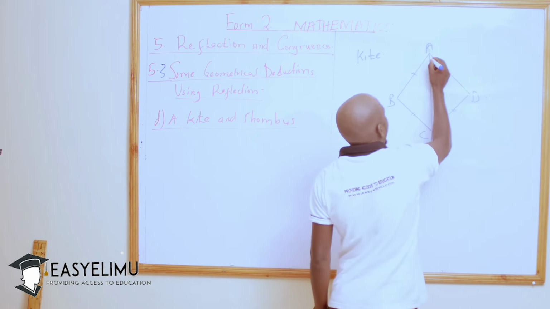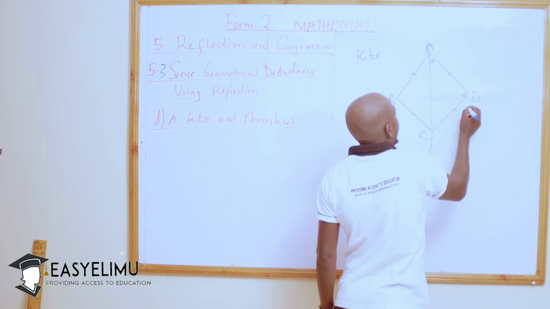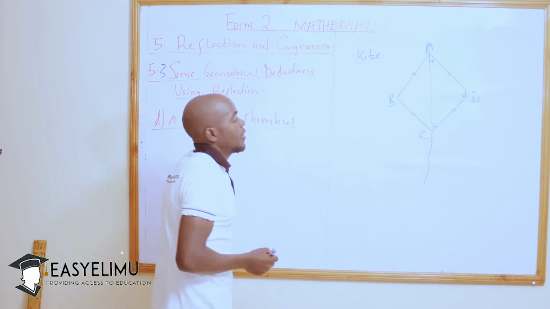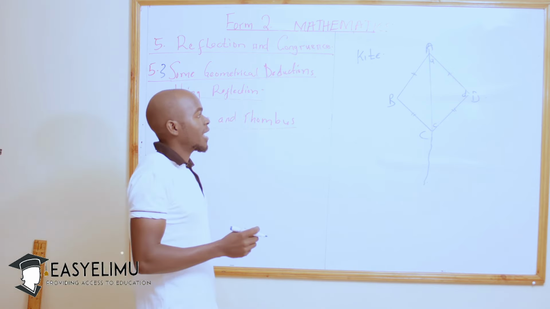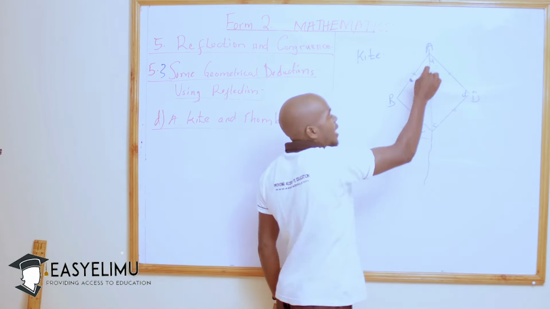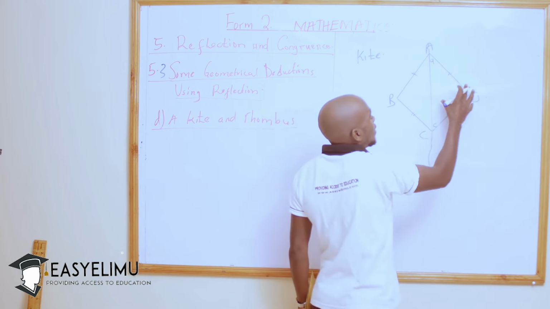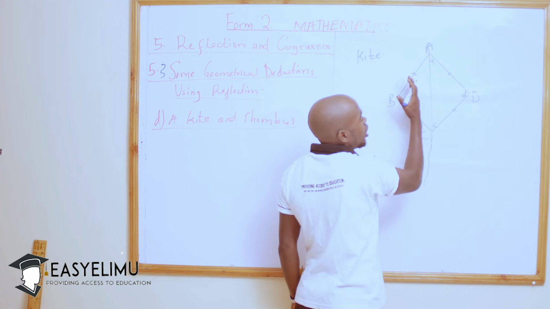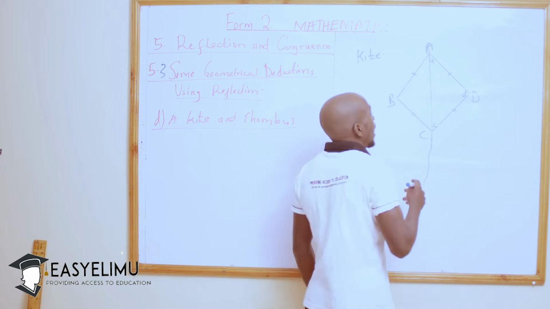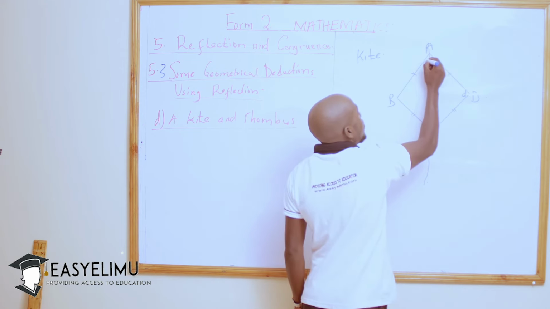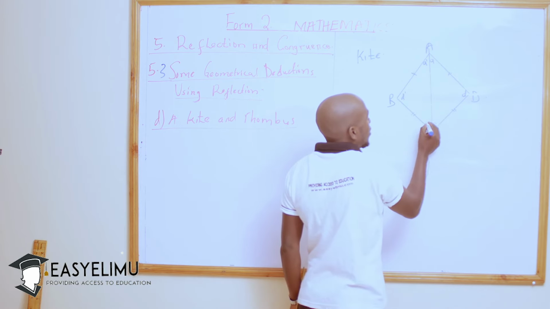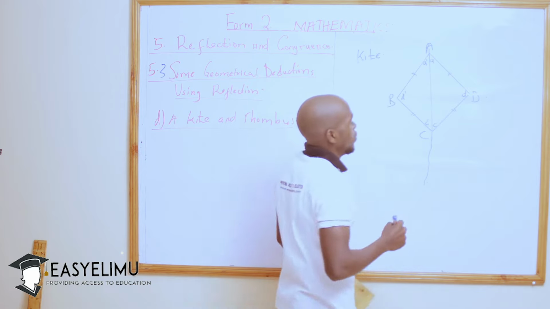Let me name this angle as A, this one as D, and this one as C. Under this mirror line, this triangle will be reflected to the other side in the position in which it is lying. That means this angle here will be angle A prime, this one will become D prime, and this one will be C prime.